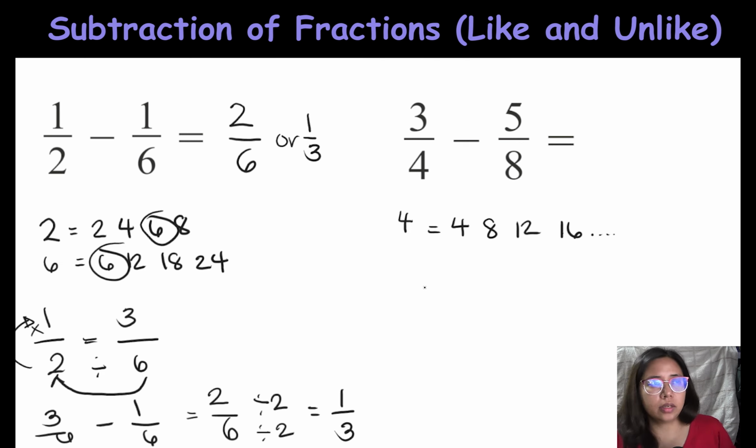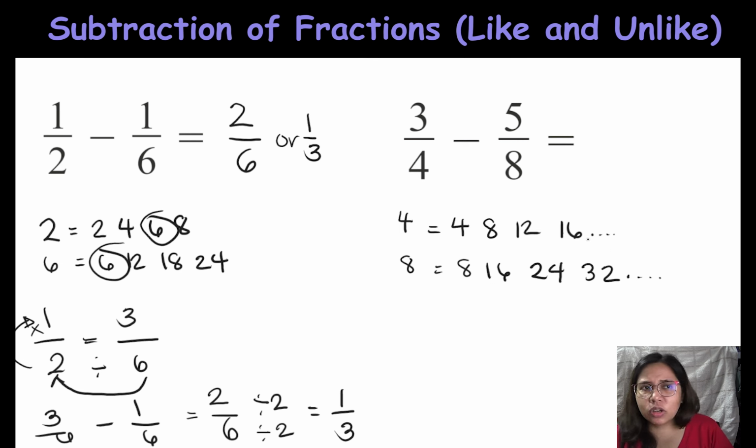Okay? And then we have 8. So, that's 8, 16, 24, 32. And so on. Okay, next stop na tayo dito kasi nakikita na natin yung common multiple ng dalawang denominator. And that is the number 8.